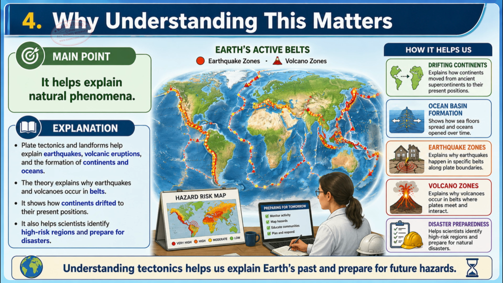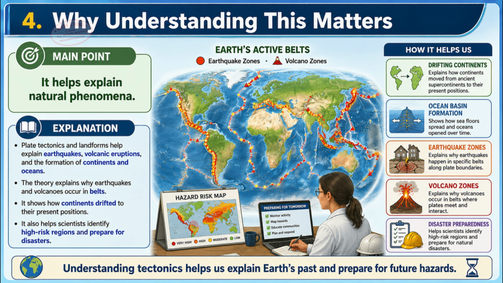Why understanding this matters? It helps explain natural phenomena. Plate tectonics plus landforms explain earthquakes, volcanic eruptions, and the formation of continents and oceans, helping us appreciate the dynamic Earth. Before this theory, people could not explain why earthquakes and volcanoes occur in belts, or how continents and oceans came to be.